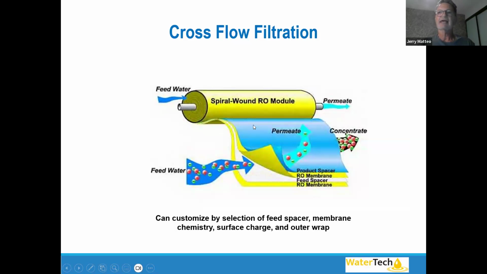The fresh water passes through the membrane sheet because we're applying pressure back here, and this fresh water, believe it or not, spins all the way around and comes out the center tube. The remaining water just continues down the line to the next membrane, next membrane, next membrane, because membranes are in a line, and it exits the system as concentrate.